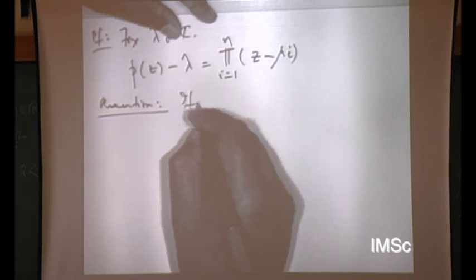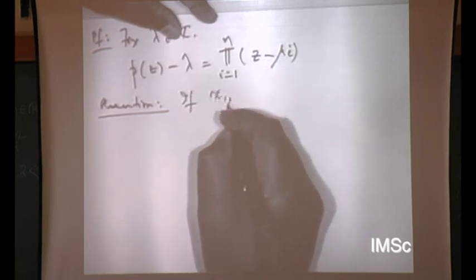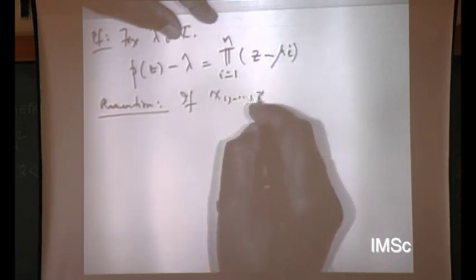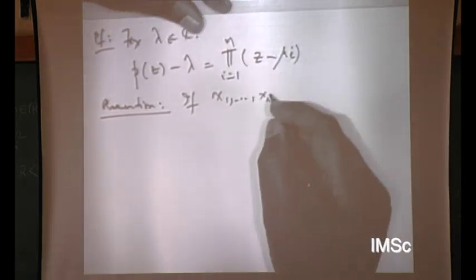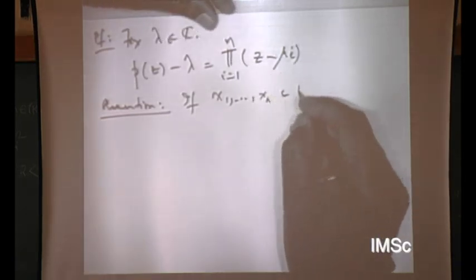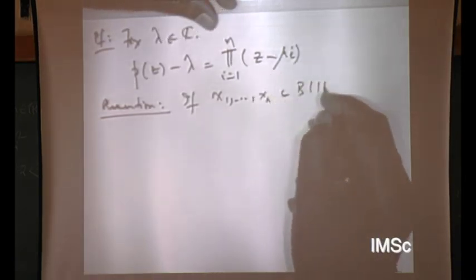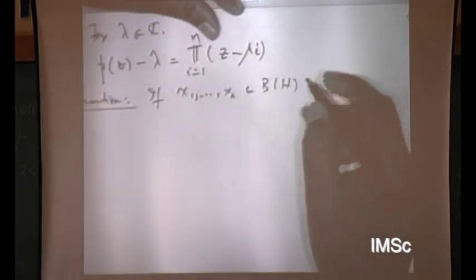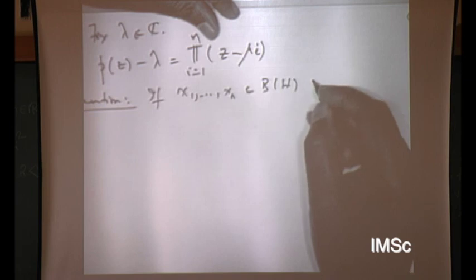I want to say if x1, ..., xn all commute.